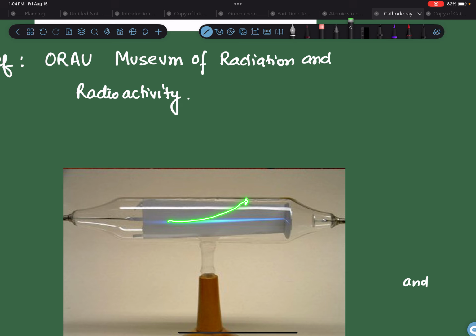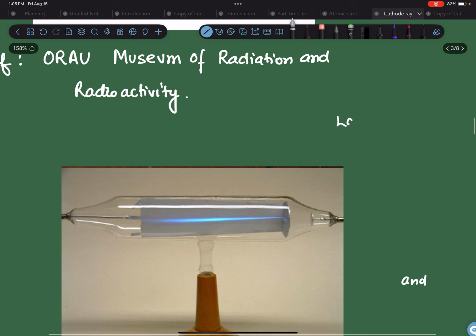The conclusion we can draw is that cathode rays are not merely radiation. You can do an experiment at home. You take a laser pointer and one magnet. When you switch on the laser pointer and create a point, you can place the magnet close to it and you will see that there is no deflection in that light, right?